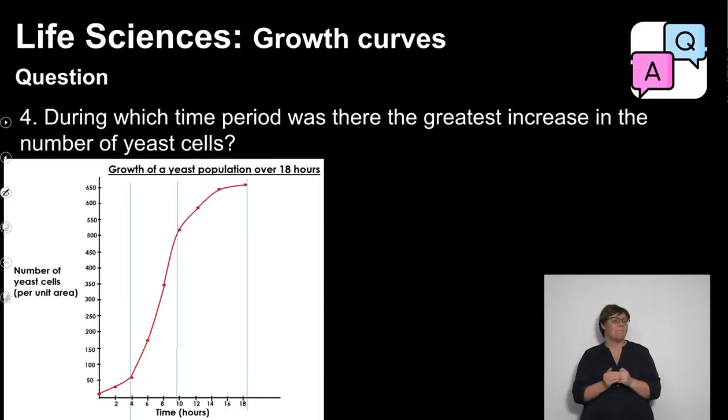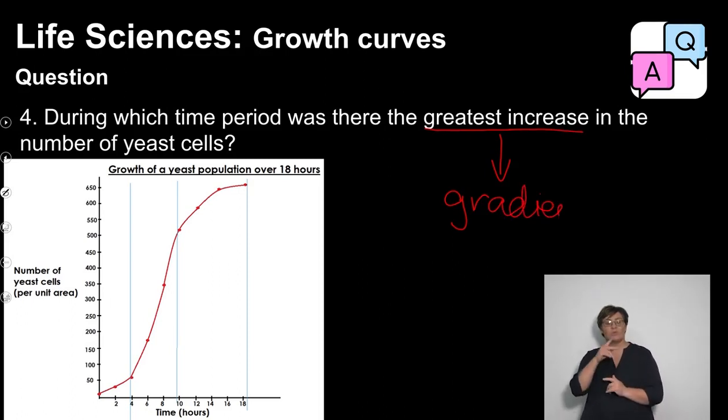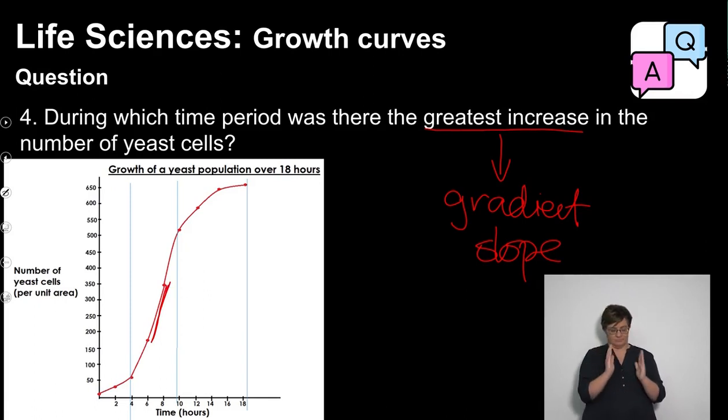During which time period was there the greatest increase? Now, the greatest increase is going to refer to the gradient or the slope of our line. So let's see, where was our slope of the line the steepest? We're looking at between 6 hours and 8 hours.